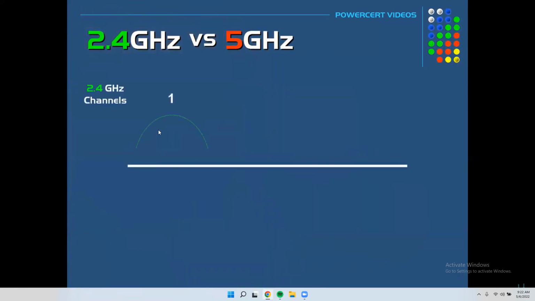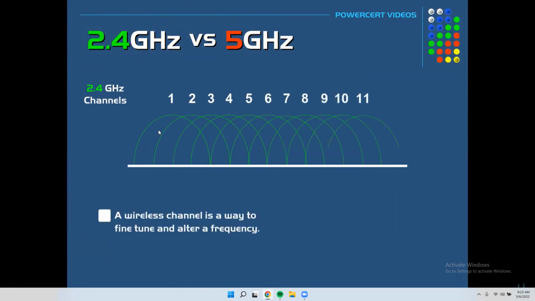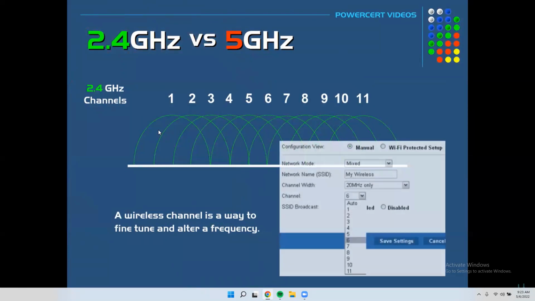Another reason why the 2.4 is more vulnerable to interference is because of the difference in wireless channels. If you're not familiar with what a wireless channel is, it's just a way to fine-tune and alter a frequency. Sometimes you might need to change to a different channel if you are experiencing interference from different wireless devices, and changing to a different channel will give you that ability.